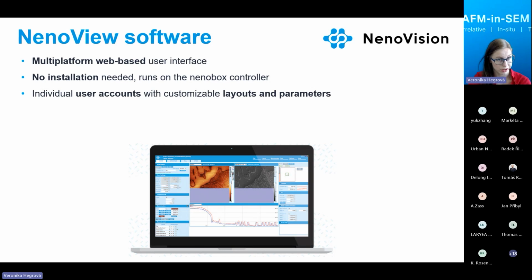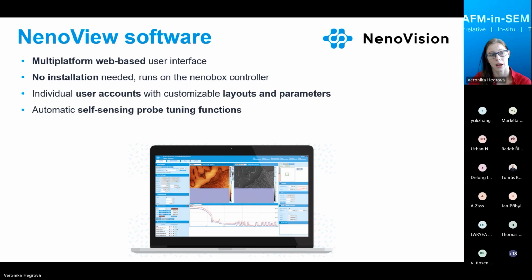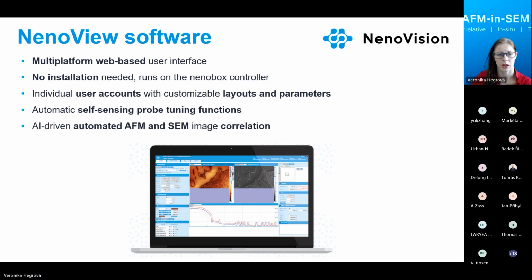There are individual user accounts with customizable layouts and parameters. And we have automatic self-sensing probe tuning functions, so no need of understanding what is happening. If wanted, we have AI-driven automated AFM and SEM image correlation. So again, it's not needed to post-process it manually if not wanted.